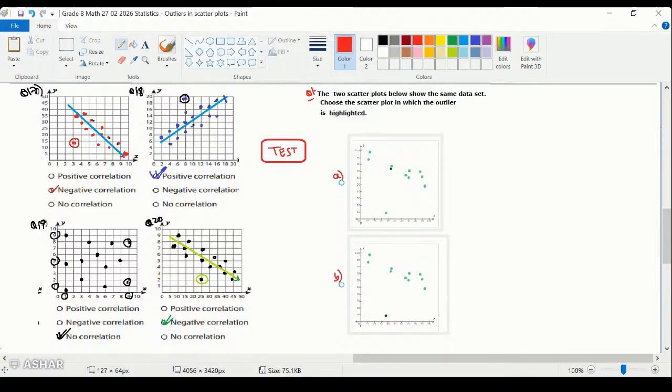The highlighted ones were this and this, right? There are two diagrams given to us, and they have an outlier marked for us. So which point will be the correct outlier? Option A, which I've circled, or option B, which I've circled?